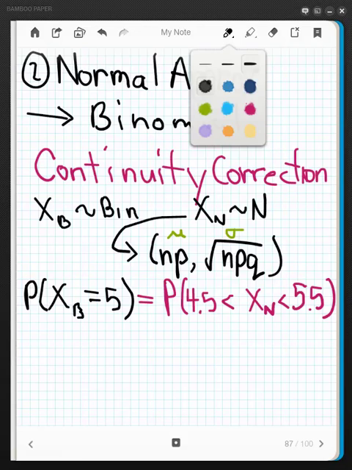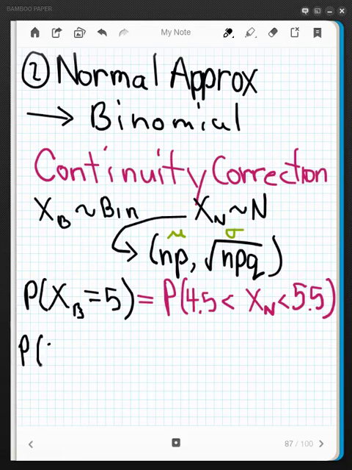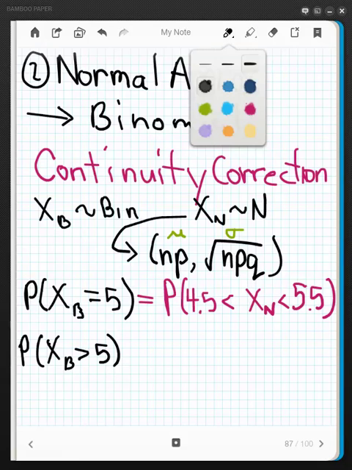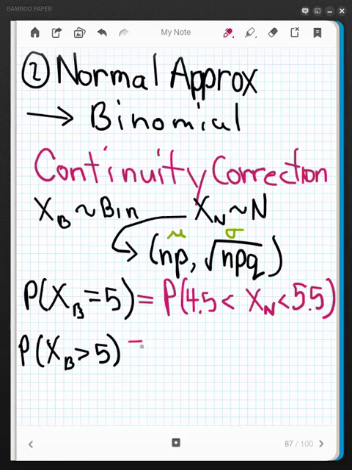And if we had the probability that x is a binomially distributed random variable and it was greater than 5, well then the normal approximation would have to start out with the continuity correction that we're beyond that bar. So when we go to do the normal, we're going to start at the edge of the bar, 5.5, and go on up.